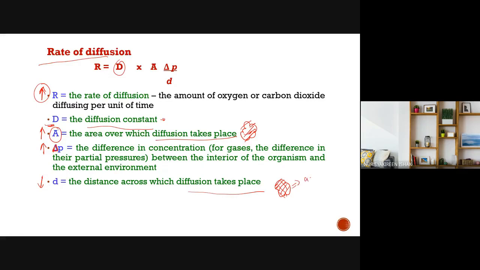Kan, alveolus is 1 cell thick, and also blood vessel is also 1 cell thick. Okay, so this reduces or shortens the distance for diffusion to take place. So rate of diffusion will increase.